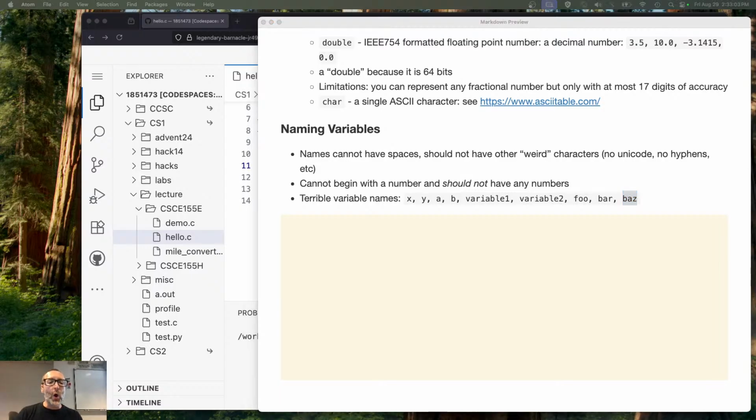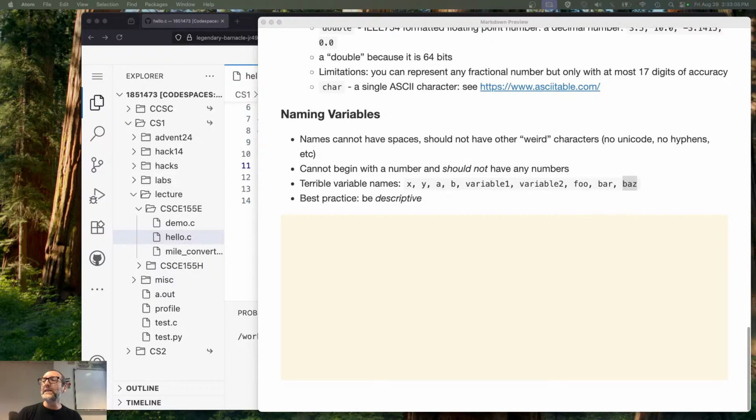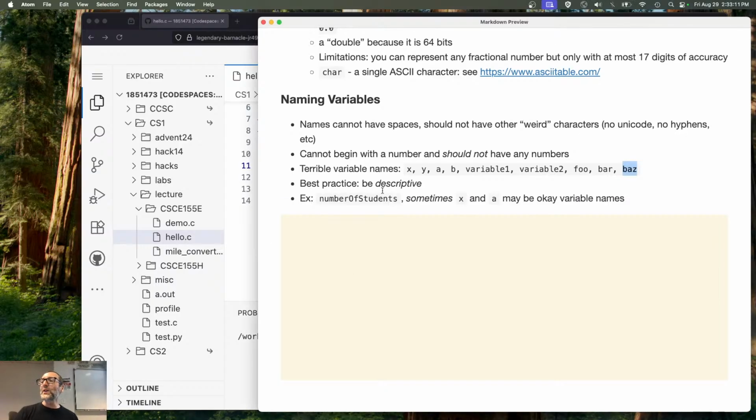When you are writing your own variable names, be descriptive, right? An example would be number of students, right? Number of students tells you exactly what it is modeling, right? If you are doing something mathematical, right, and you're writing a function and there's just X, fine, maybe that's the only thing that's appropriate.